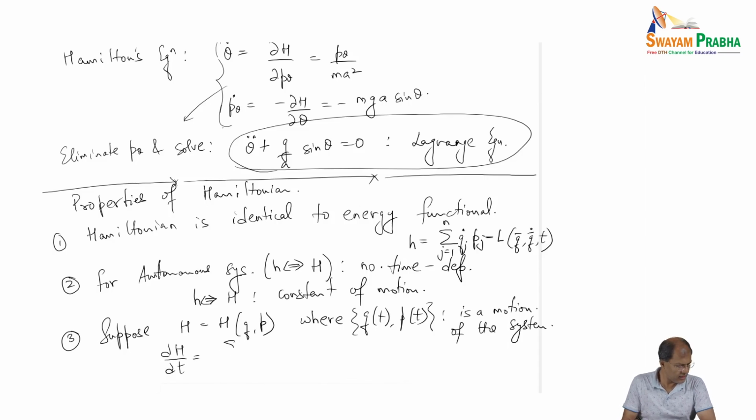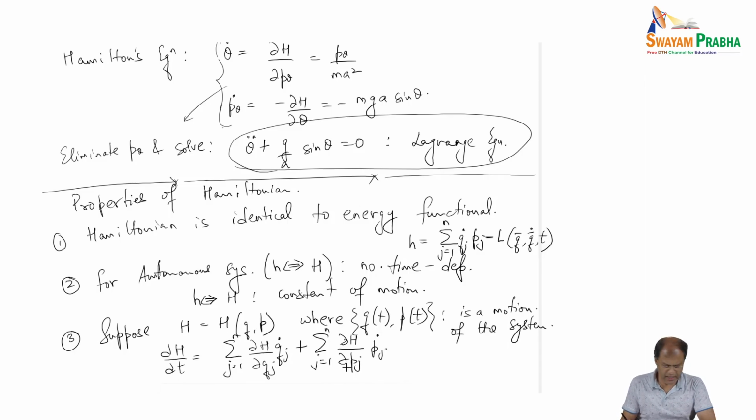Okay. So suppose what we have is dH/dt, the Hamiltonian can be written as the summation j from 1 to n of partial H partial Qj times Qj dot, plus the summation j from 1 to n of partial H partial Pj times Pj dot, right?